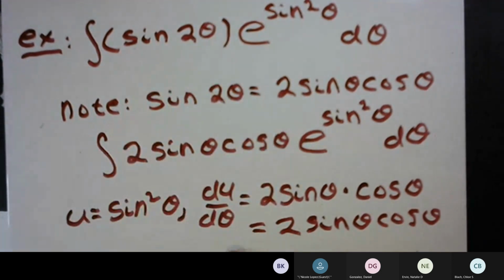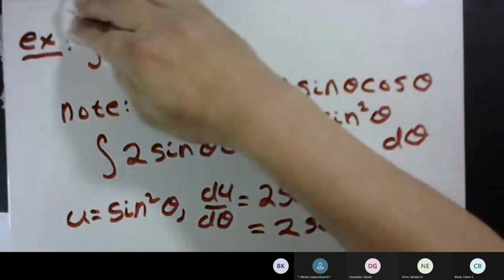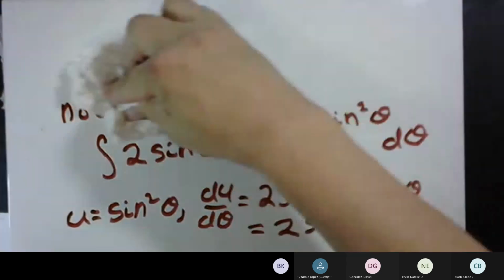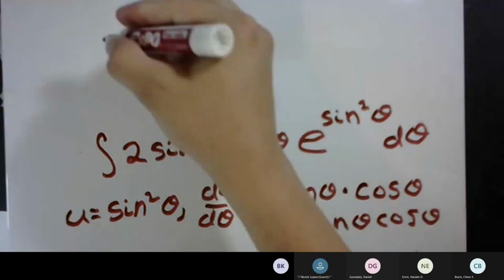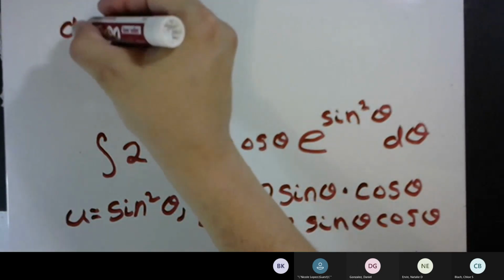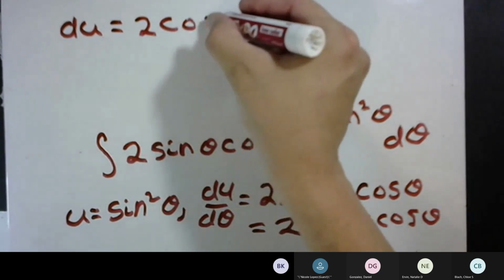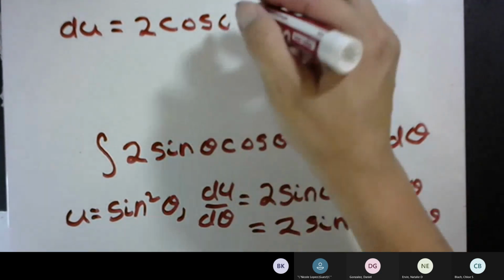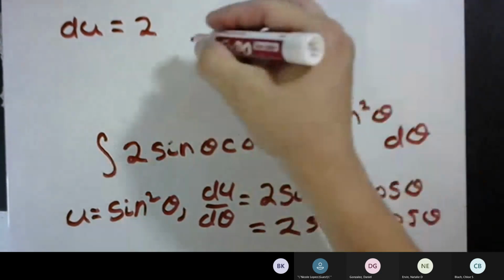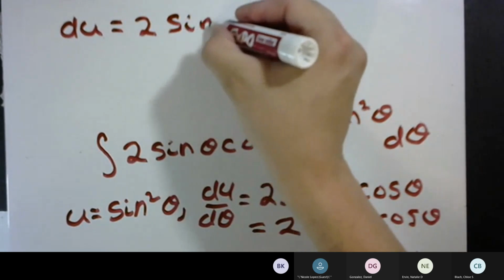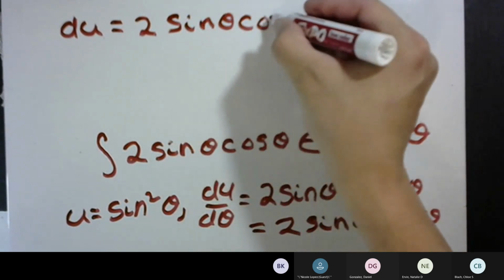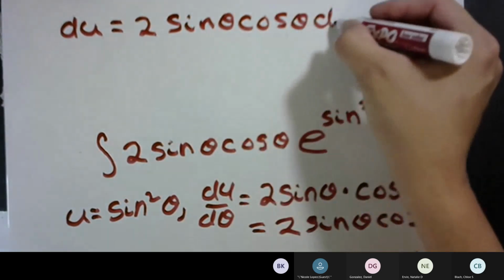And this is what we get when we take the derivative of u. So what we end up getting for du will be 2 sine theta cosine theta d theta.